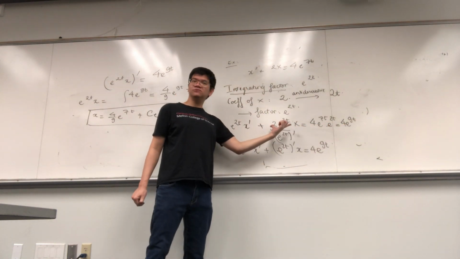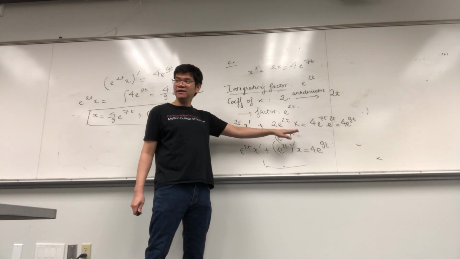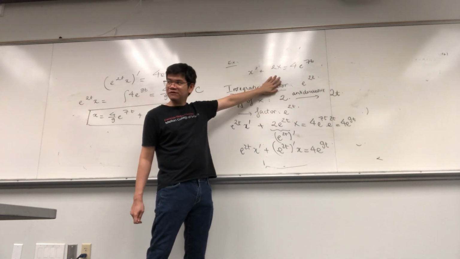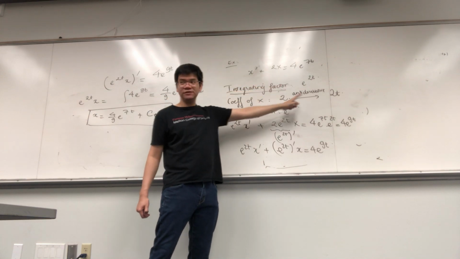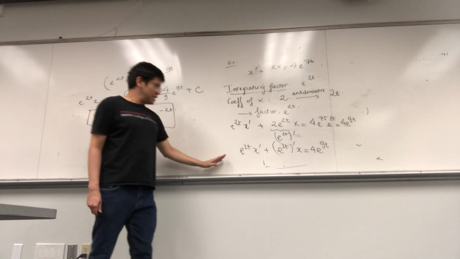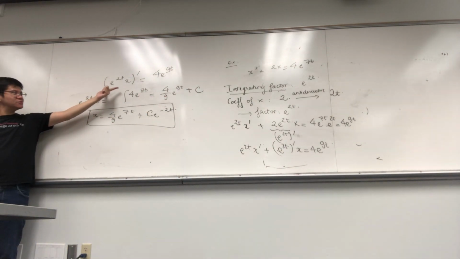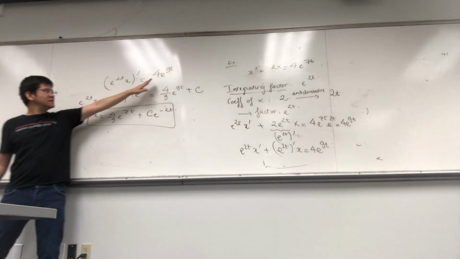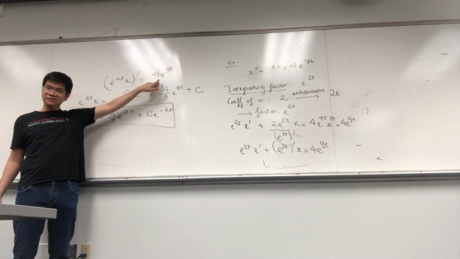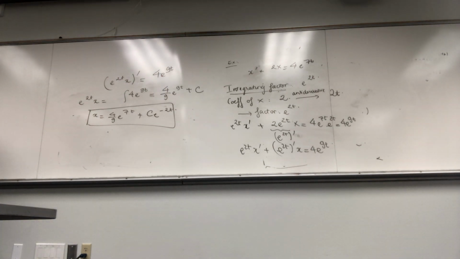So 2 e to the 2t is (e to the 2t) prime, and this is why we have to choose the integrating factor of this form. So this is why here you choose the antiderivative of 2. Now you use the product rule. You change everything into (e to the 2t x) prime equal to 4 e to the 9t. Now to solve this, you just have to integrate both sides. Is it clear? Questions?